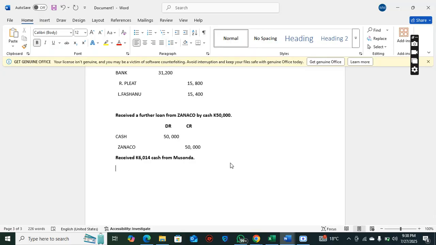Yes. Musonda is a debtor who's an asset. Since he's paying us, the money he owes us reduces. So reduction in an asset, you credit. Cash is also an asset. We're receiving cash, so our cash is increasing. So increase in an asset, you debit.